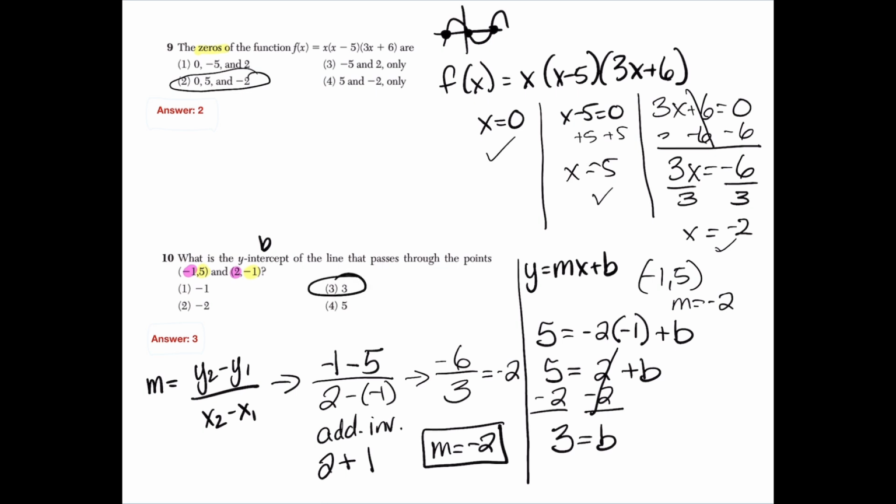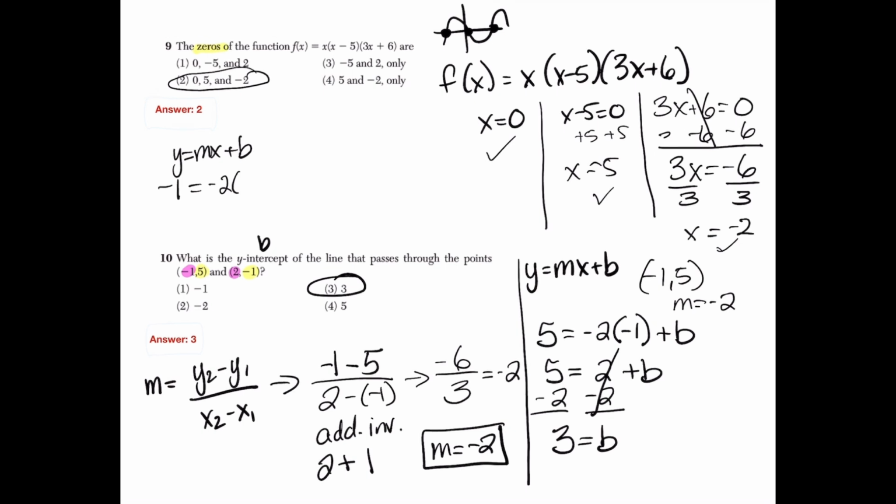There's our answer. And you may be saying, well, what if I chose my other point? You could have done that too, and you would have just done the same thing. Y equals mx plus b. So you would have had negative 1 is equal to our m, negative 2, times our x, 2, plus b.